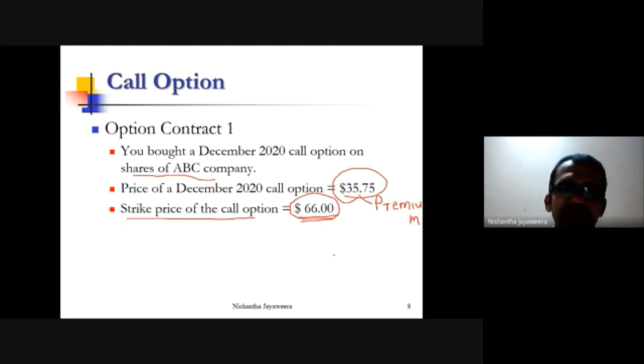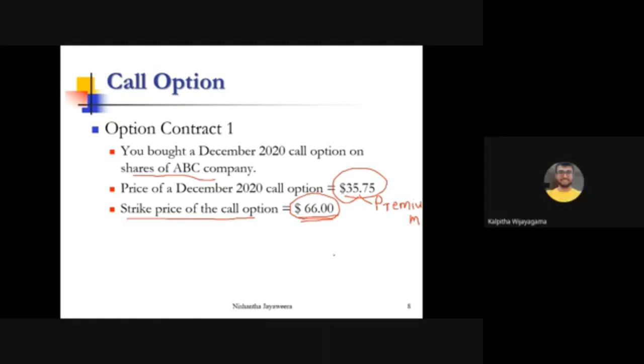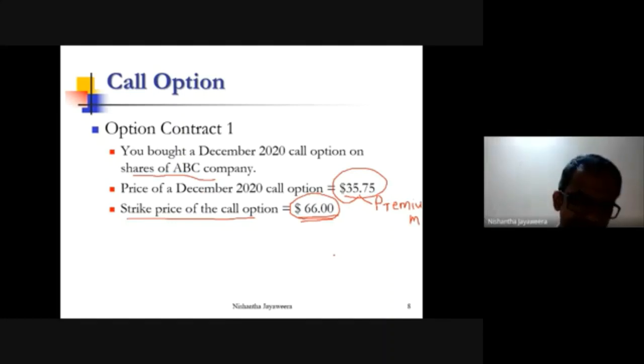Say for each unit you have to pay 35 to acquire the right, and then for each you have to pay 66 to purchase it. But here, this is an option contract on an exchange. So this is to buy the full contract.